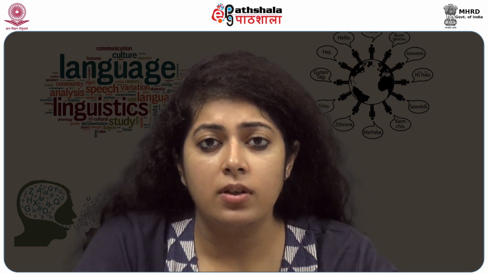WH movement happens in the covert part of the language, and we see languages like Hindi etc. which are WH in situ languages. This can clearly show us that yes, we are right on our path to formulate the model of grammar in this way. Thank you.